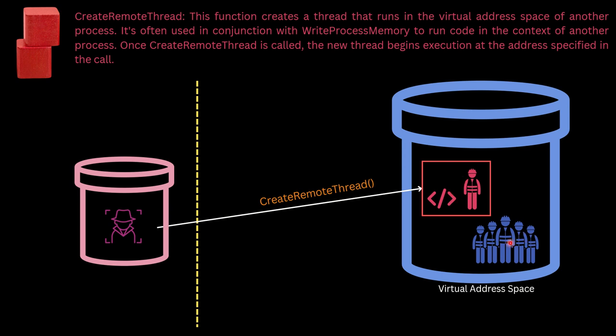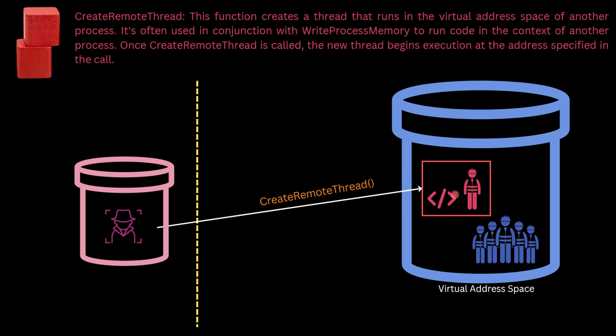The other workers will be busy executing the code of whatever the process is running, but this one worker will go into executing your code. There can be one or more workers required to run this code, but using CreateRemoteThread, the attacker gets the execution done.